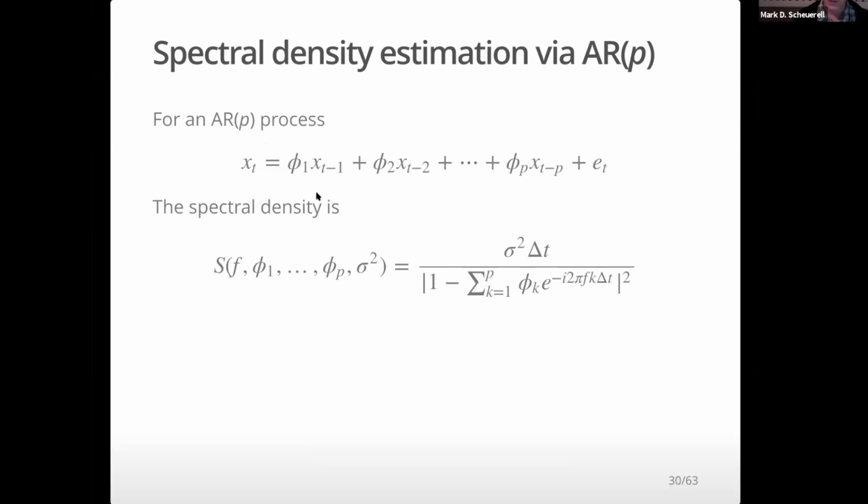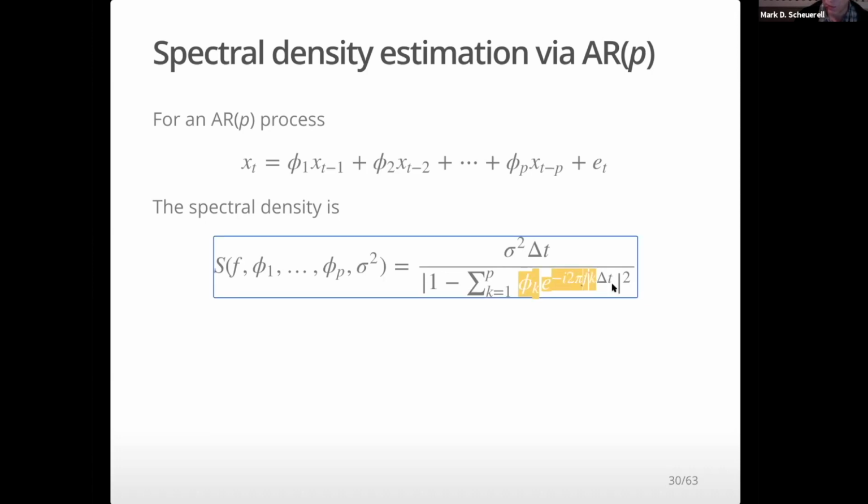The spectral density of an autoregressive process can be set up to be essentially a sum. So here's the variance of these errors, and for each delta t, time step 1, 2, 3, 4, you divide by 1 minus the sum of a whole bunch of these, and this bit right here is essentially our Fourier.